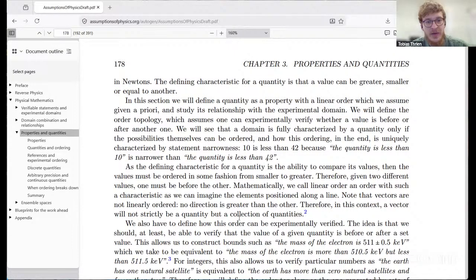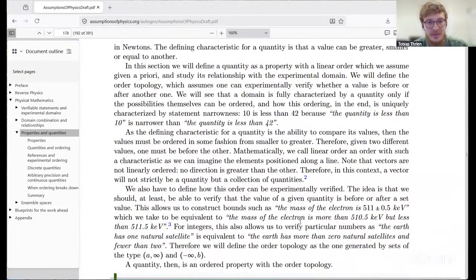We will assume that a domain is fully characterized by a quantity only if the possibilities themselves can be ordered, and how this ordering in the end is uniquely characterized by statement narrowness. 10 is less than 42 because the statement 'the quantity is less than 10' is narrower than 'the quantity is less than 42'. So that's going to be the important bit, that the ordering structure between these values is exactly the ordering structure that we have between statements through narrowness.